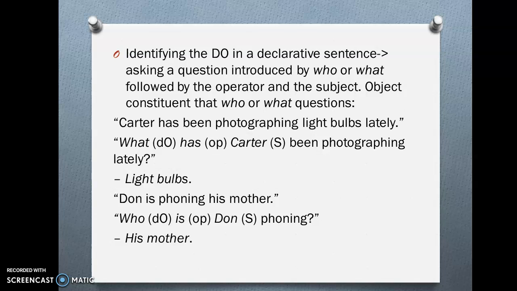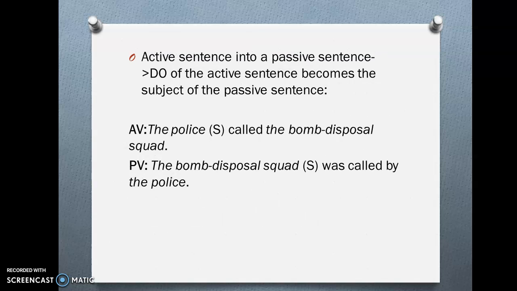His mother answers this who question. So as I said before, when an active sentence is turned into a passive sentence, the direct object of the active sentence becomes the subject in the passive sentence.